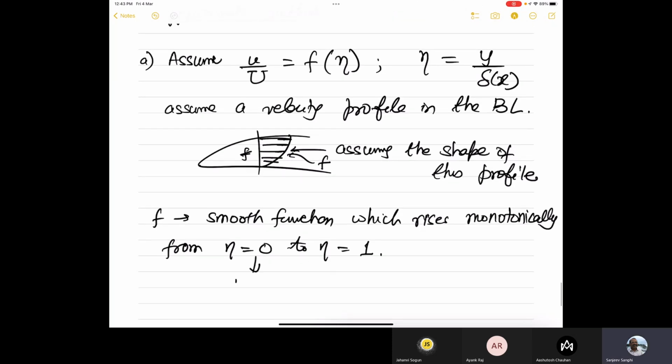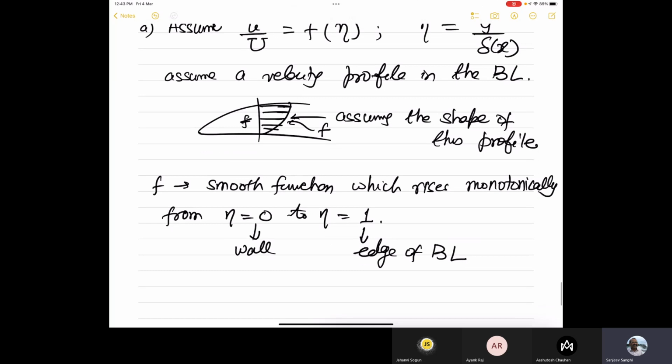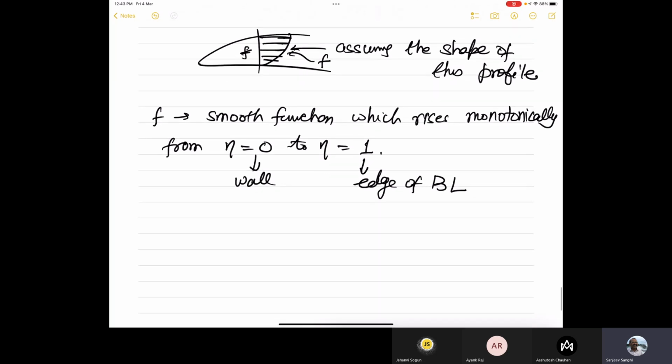Eta equal to 0 is the wall. Eta equal to 1 is nothing but when y is equal to delta, the edge of the boundary layer. So we will assume that there is some profile given by this.